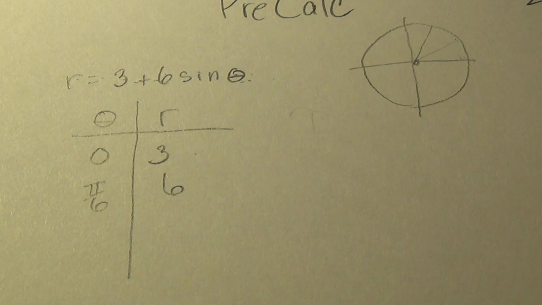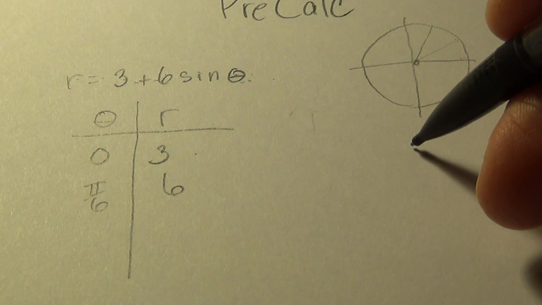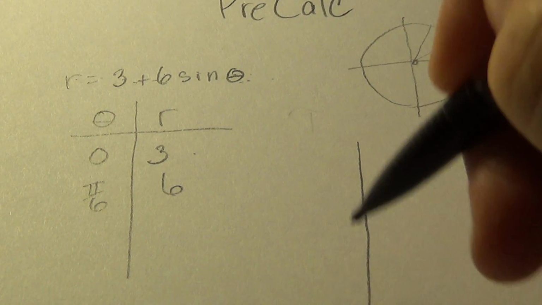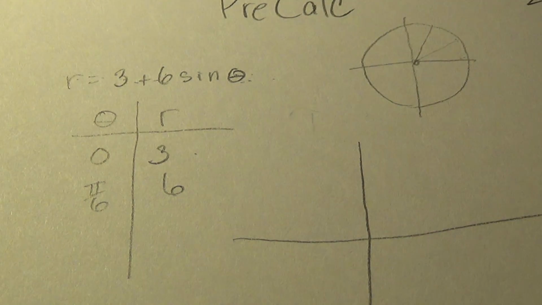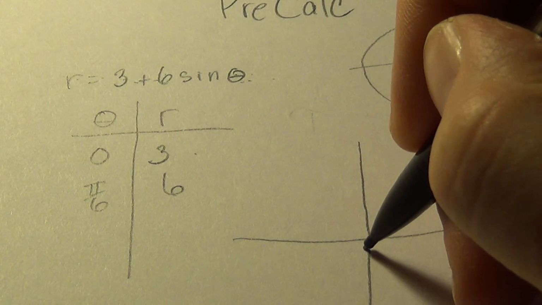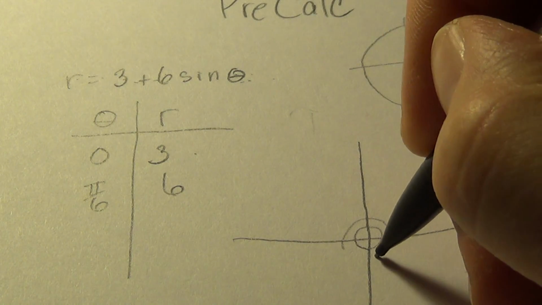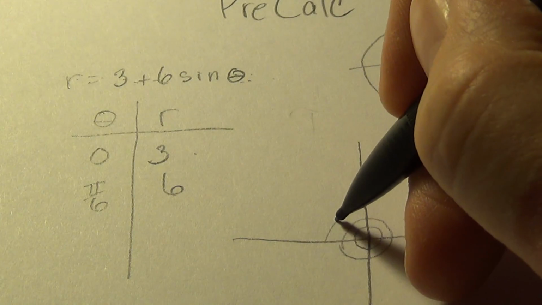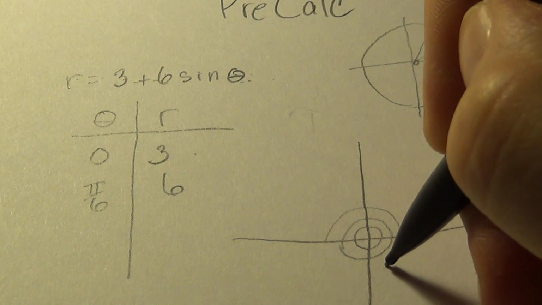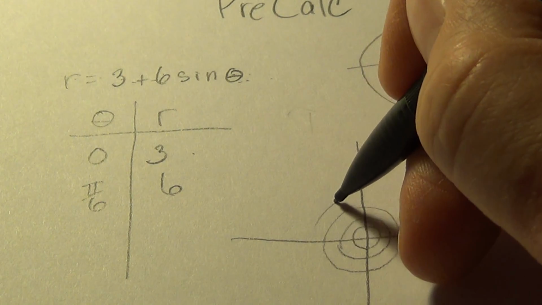This time, I can't remember what I did yesterday. I'm going to graph this, and I'm going to make these circles kind of small, because there's going to be a lot more than yesterday. So remember, these are the r values away from the origin.